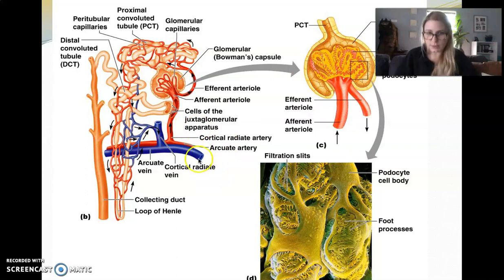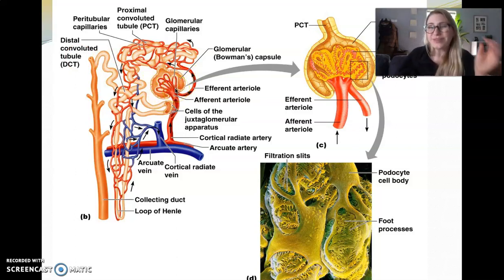So this is where we're at. We have the renal artery that's going into the kidney, and it splits up and eventually becomes the afferent arterioles. The afferent arteriole takes whole blood, and that goes into the glomerulus, where that pressure from the blood forces the fluids out, and that's what collects here and becomes the glomerular filtrate.